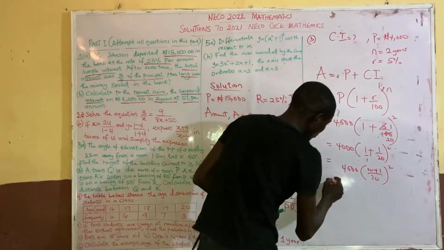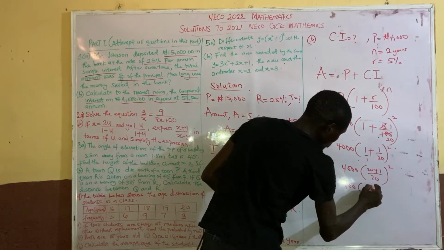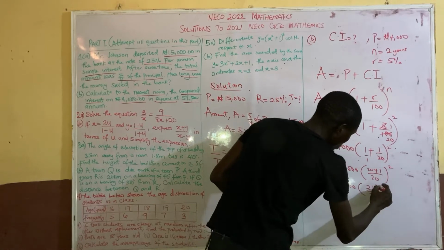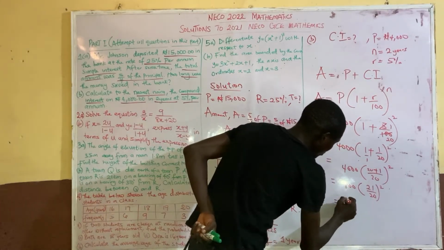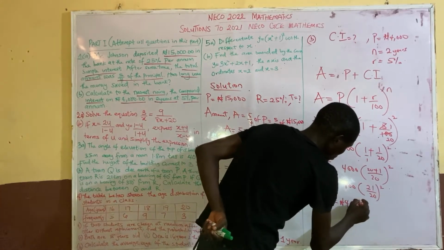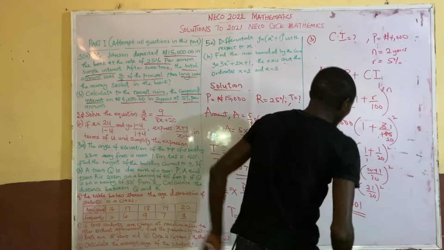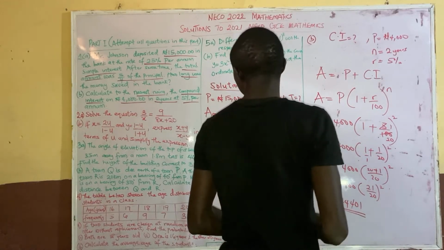So we have 4,000 multiplied by 21 over 20 all squared. When you calculate everything, you should be able to get 4,410. So this is your amount.